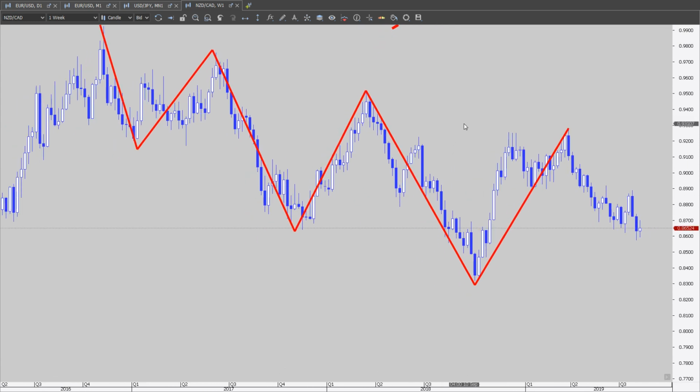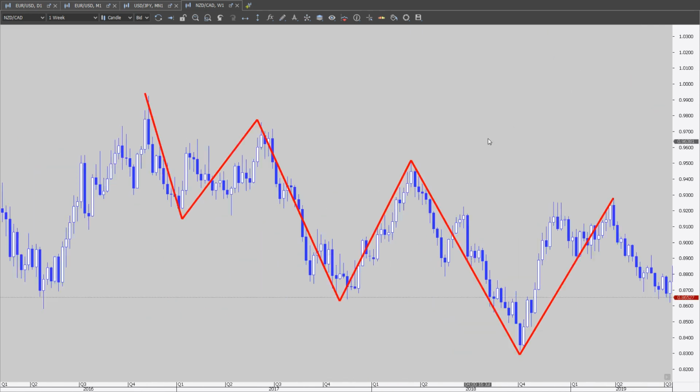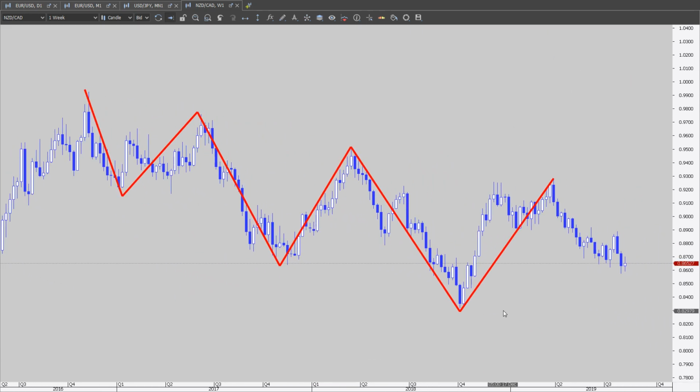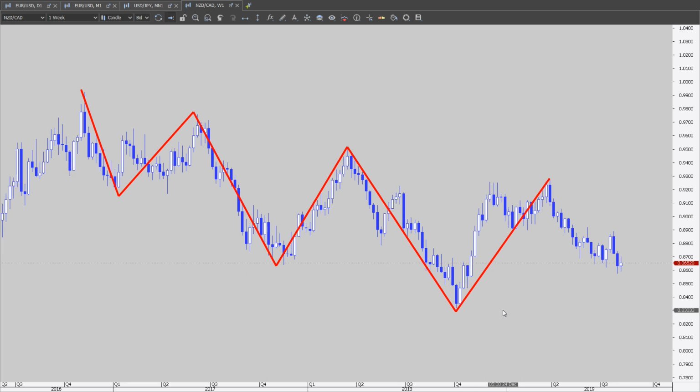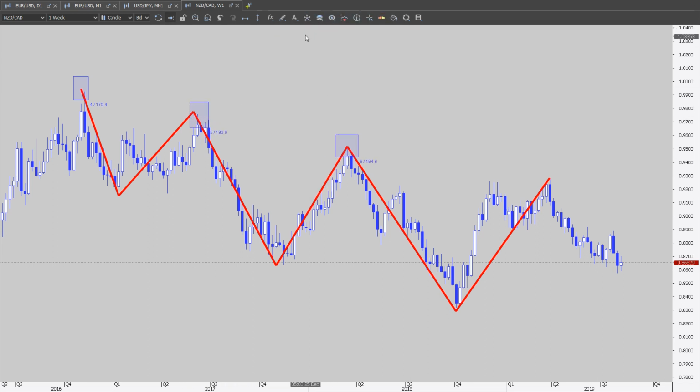Okay, I'm going to delete this, MJ. MJ, this is structure, what you are seeing right now. You have structural highs up in here. Structure high, structure high, structure high, structure high.